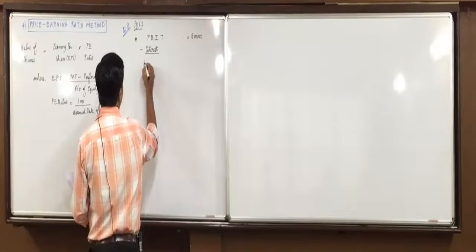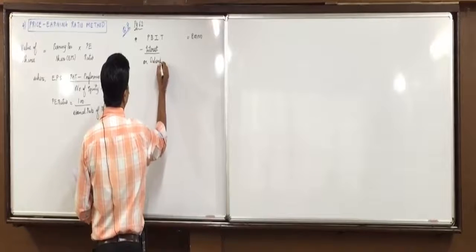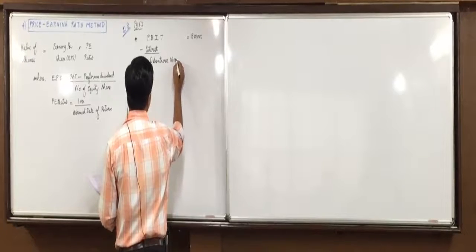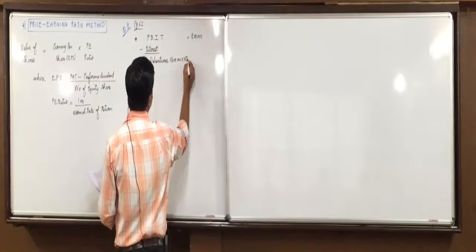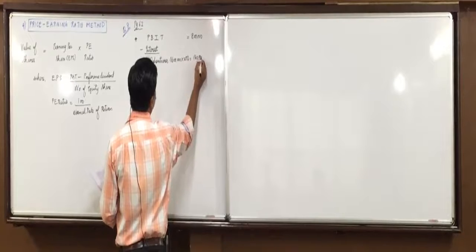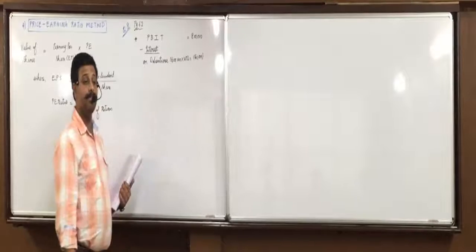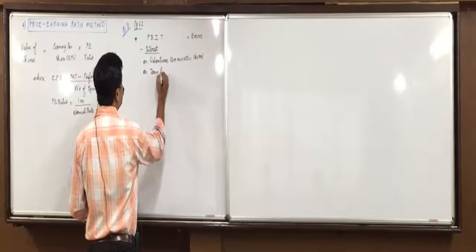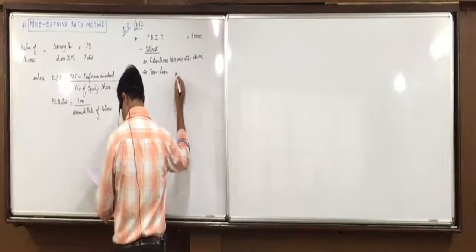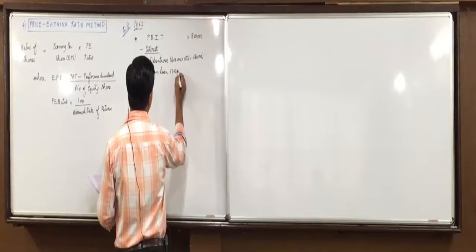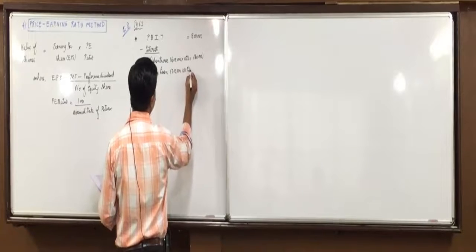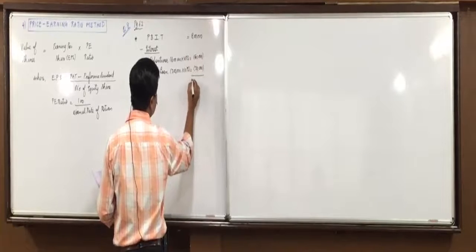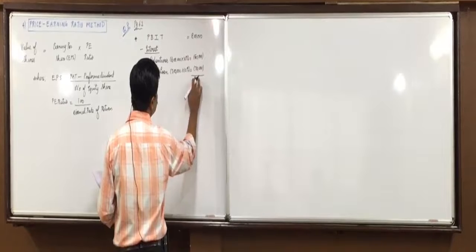Interest on debentures is 6 lakhs into 10%, 60,000, and interest on term loan, 7 lakhs into 10%, 70,000. 8 lakhs minus 60 minus 70, that is 130, so 6 lakh 70,000.